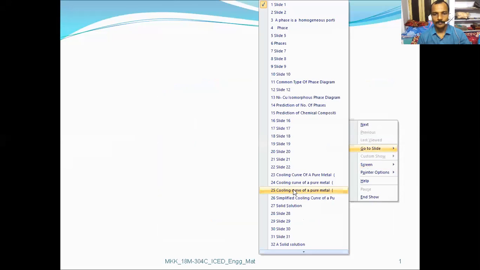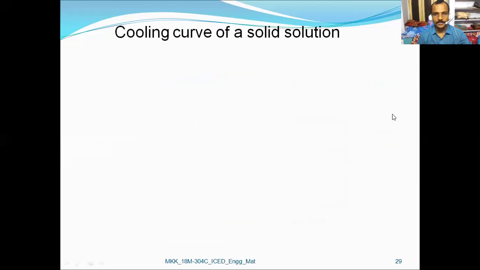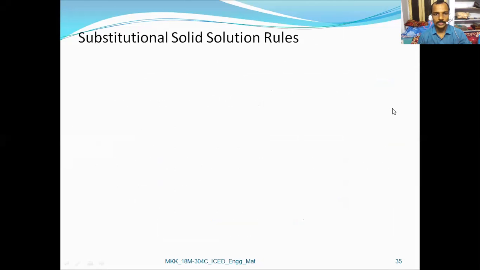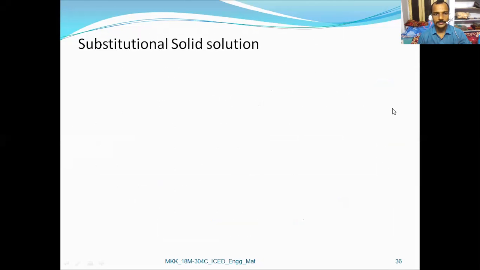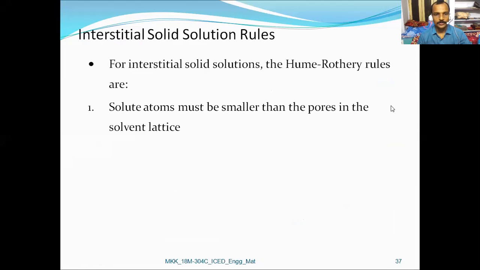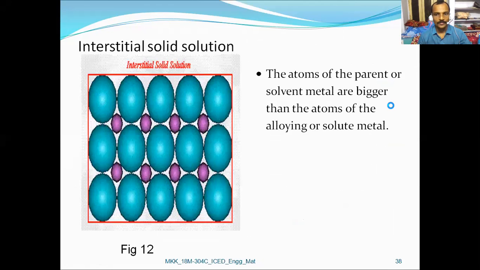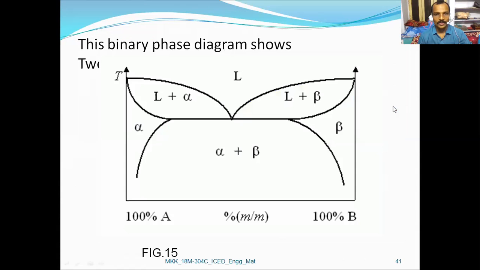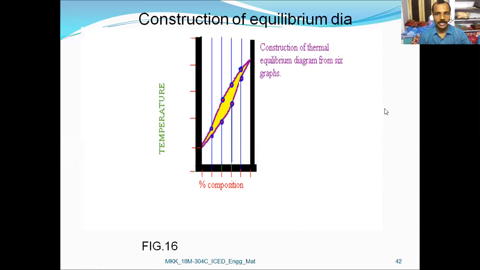So here we were discussing the different cooling curves and entered into the solid solution, Hume-Rothery rules for substitutional and interstitial solid solutions, and later the nickel-copper system, and construction of the thermal equilibrium diagram.